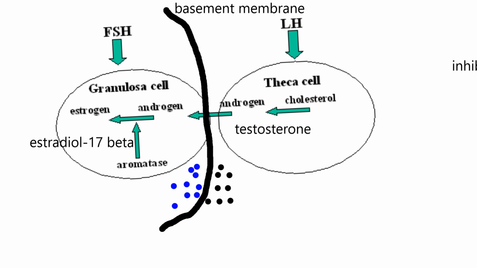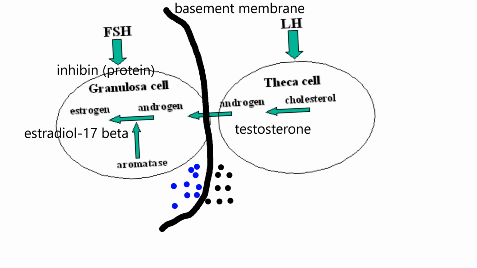So I'm going to say the granulosa cell produces estradiol 17 beta. That's the most famous estrogen, naturally speaking. Now, granulosa cells also make a protein hormone called inhibin, and I slid that over there.